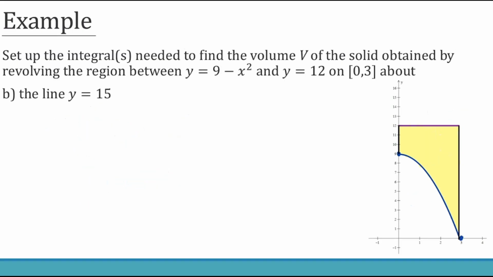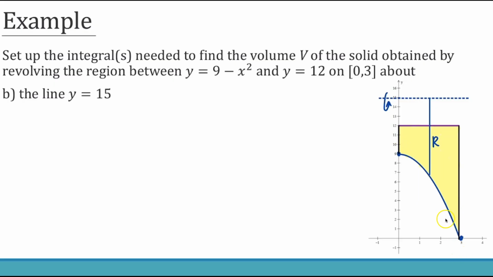Now in part B, we want to rotate around the line y equals 15, which is still horizontal, but now above the region. And there is a gap between the axis of rotation and the region, so we're going to need the washer method. And so I'm going to start from the axis of rotation, and I'm going to find the big radius by going to that farthest away function.